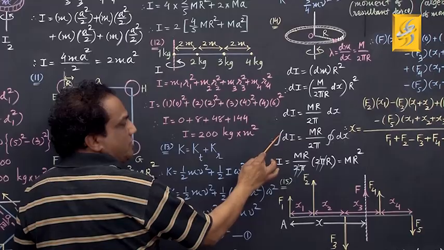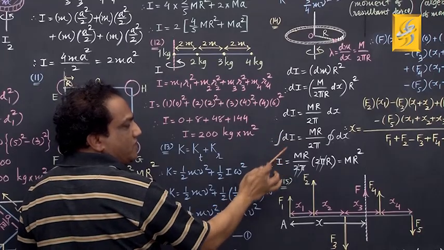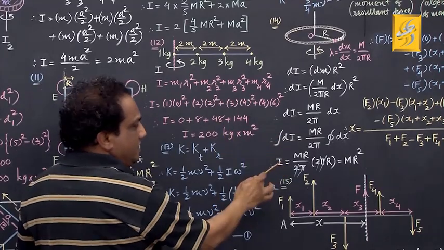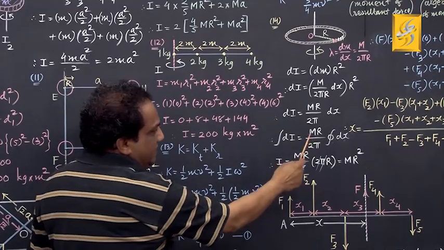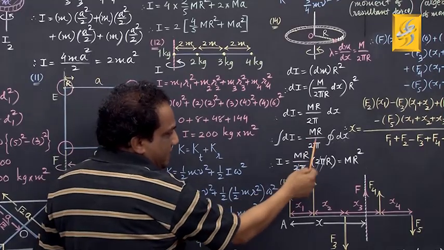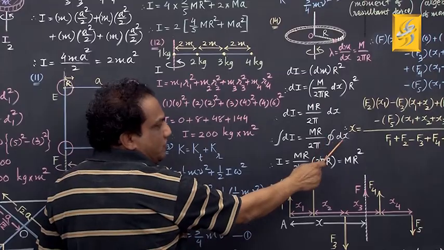Now summation of partial values of moments of inertia will give you total moment of inertia. Let it be capital I. This Mr upon 2 pi as it is. What is closed integration of dx?